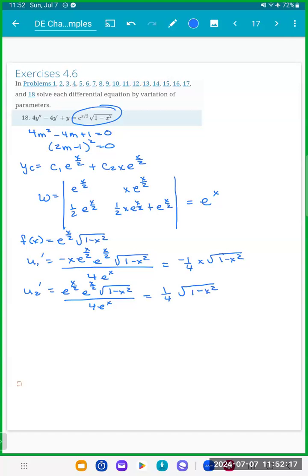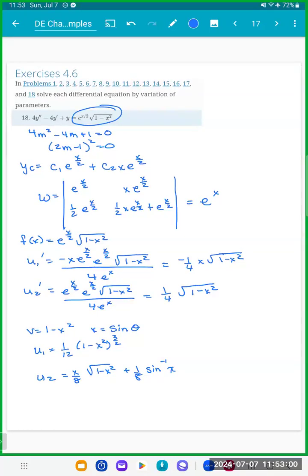So by using substitution, letting v equal 1 minus x squared and x equal to the sine of theta, that's a trig substitution. We get u1 equals 1 over 12 times (1 minus x squared) to the 3/2, and u2 is equal to x over 8 times square root of 1 minus x squared plus 1/8 sine inverse of x.